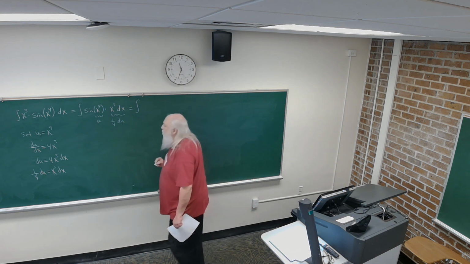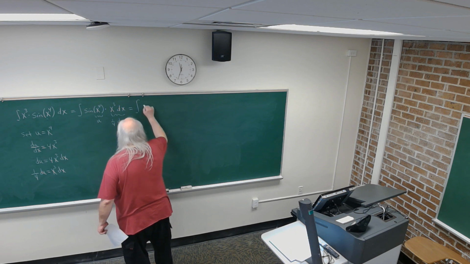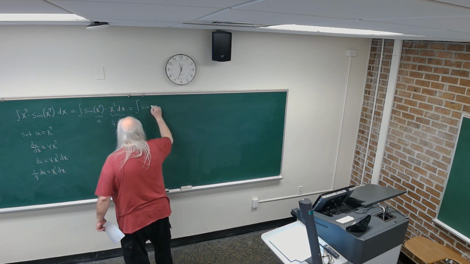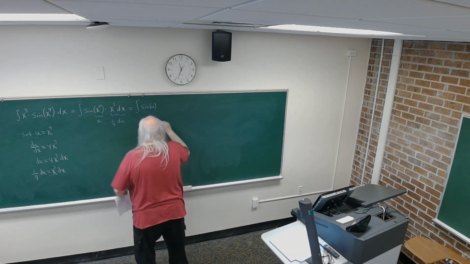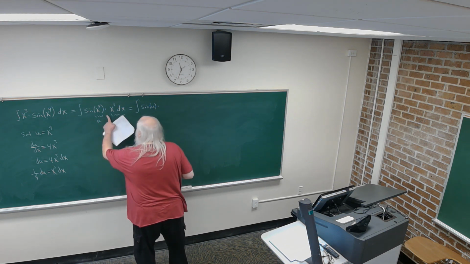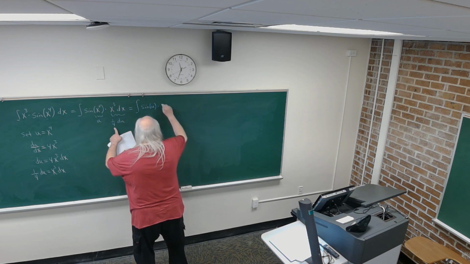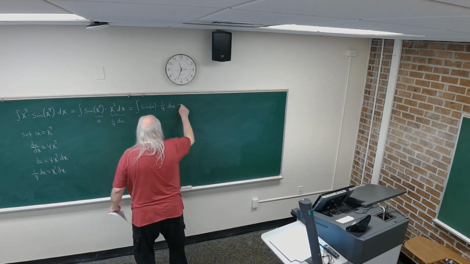So when I put u in for x to the fourth, I have the sine of u times 1/4 du.